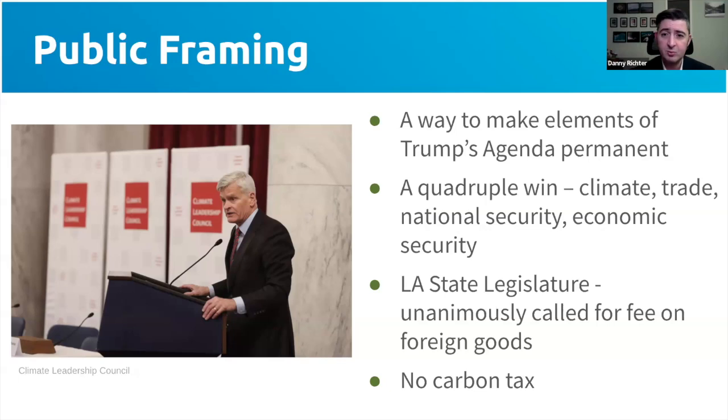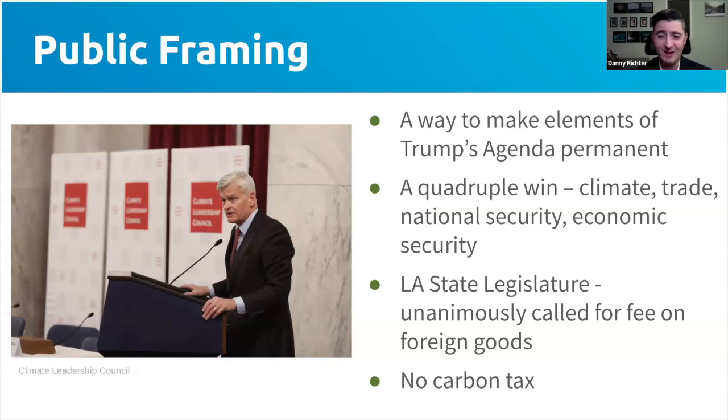He also pointed out that the Louisiana state legislature has unanimously called for a fee on foreign goods. And that's just impressive. There's always a back and forth between federal legislators and their state legislature, but to have gotten unanimous support from your legislature back home for a bill that you're going to introduce, that's impressive.